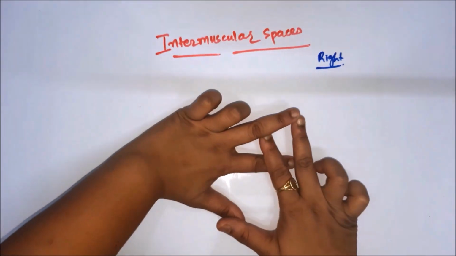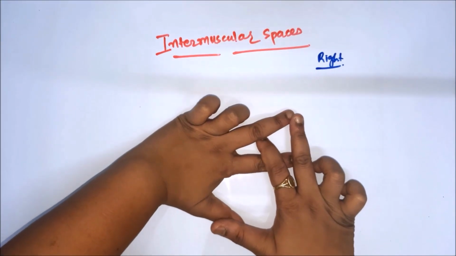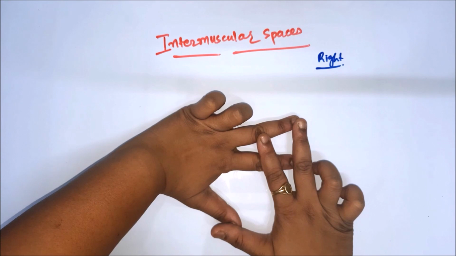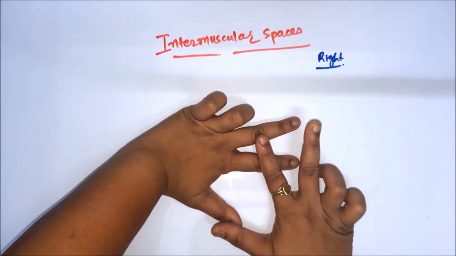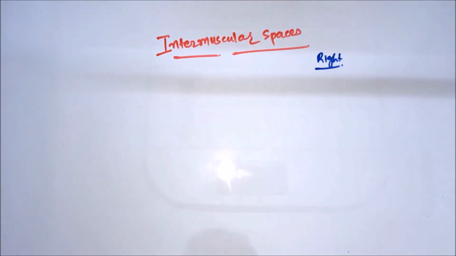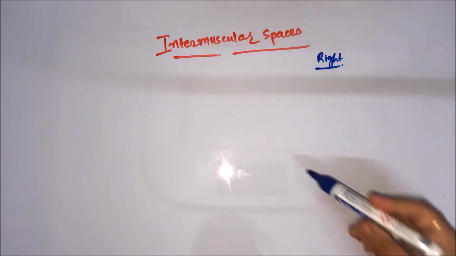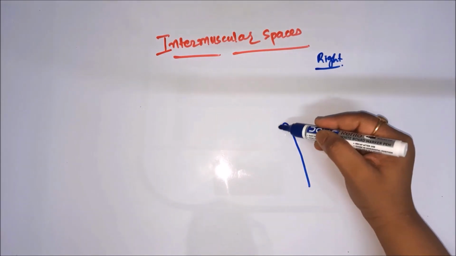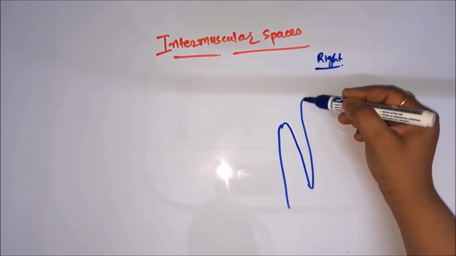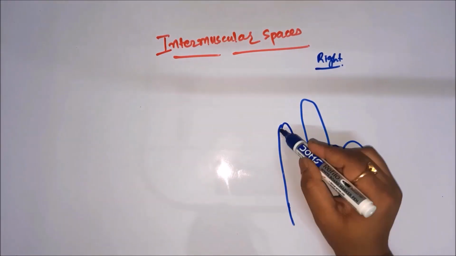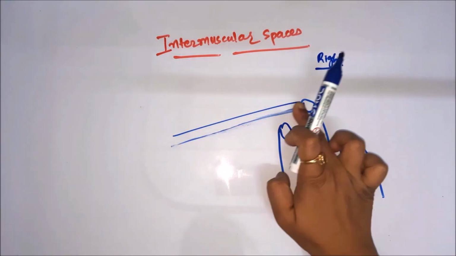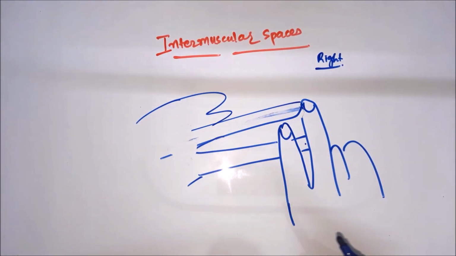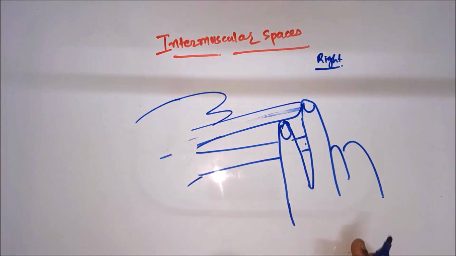usually everyone teaches you like this, right? Let me draw this diagram just to make you understand. So scapulo-humeral spaces of the right side.